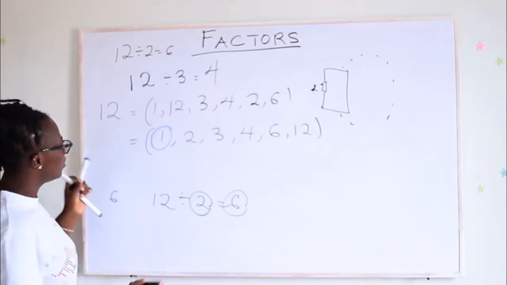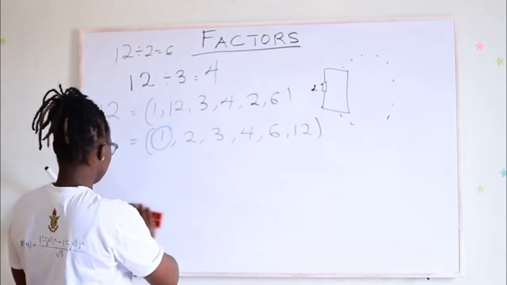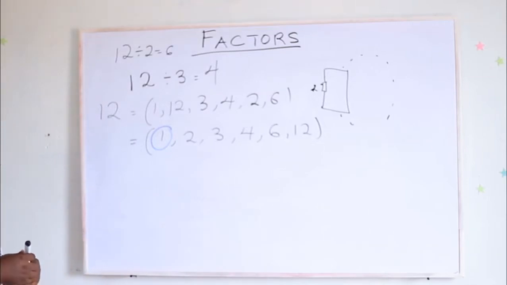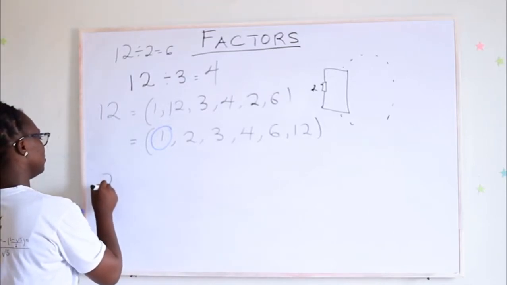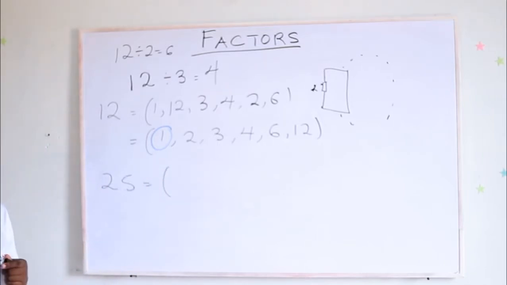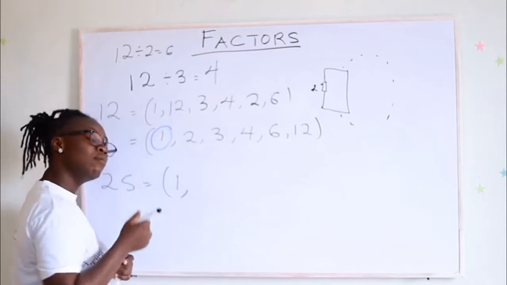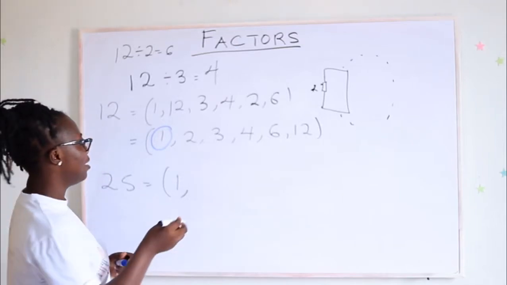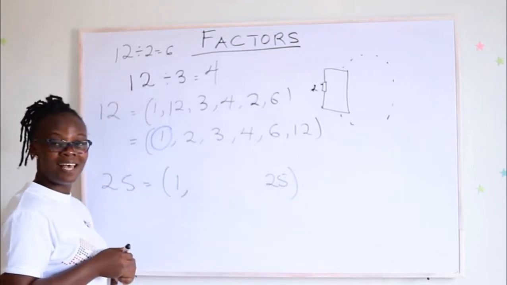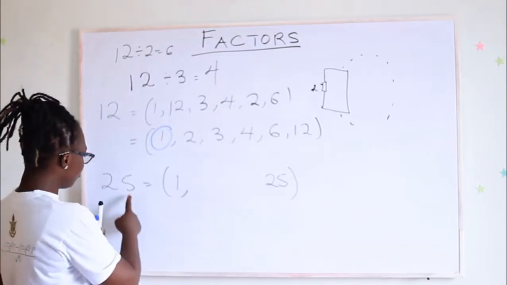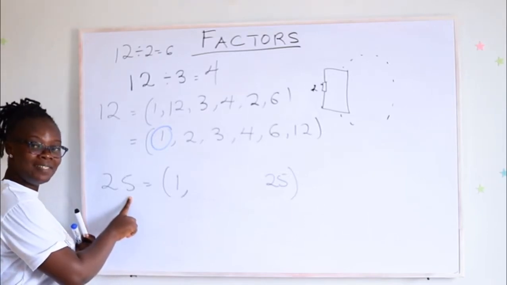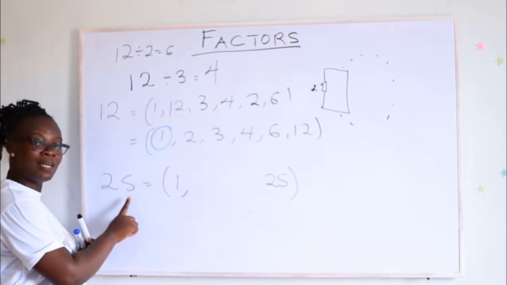Very good. So let's take another example. Let's take 25. Let's try writing the factors of 25. We already said 1 will always be a factor, then 25 will always be a factor as well. So now 2 cannot divide exactly, same as 3, same as 4.